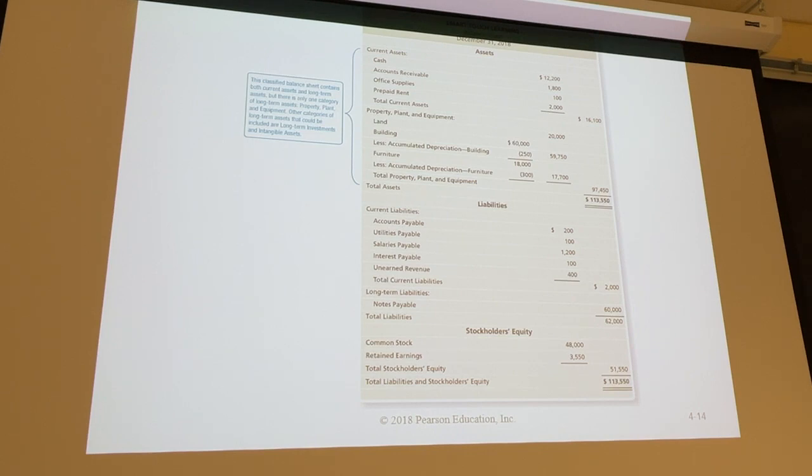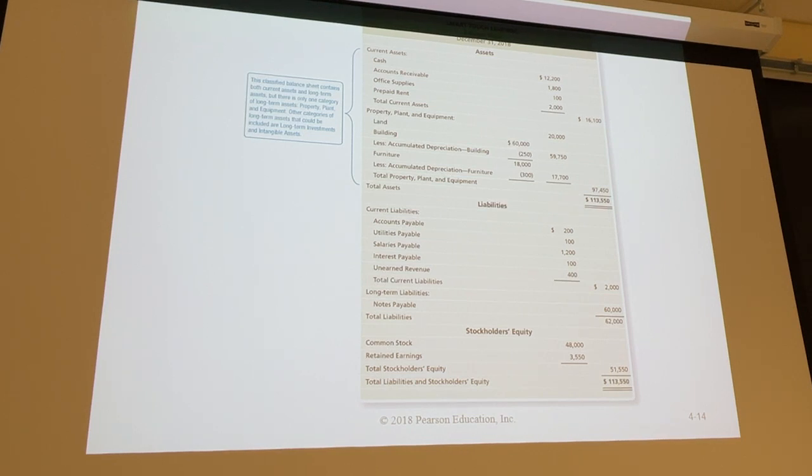And then it gives us a total for all of the property, plant, and equipment. As I mentioned before, in the example here, they don't have any long-term investments or any intangible assets, but there will be other chapters in the book where we'll probably run into some examples of those.